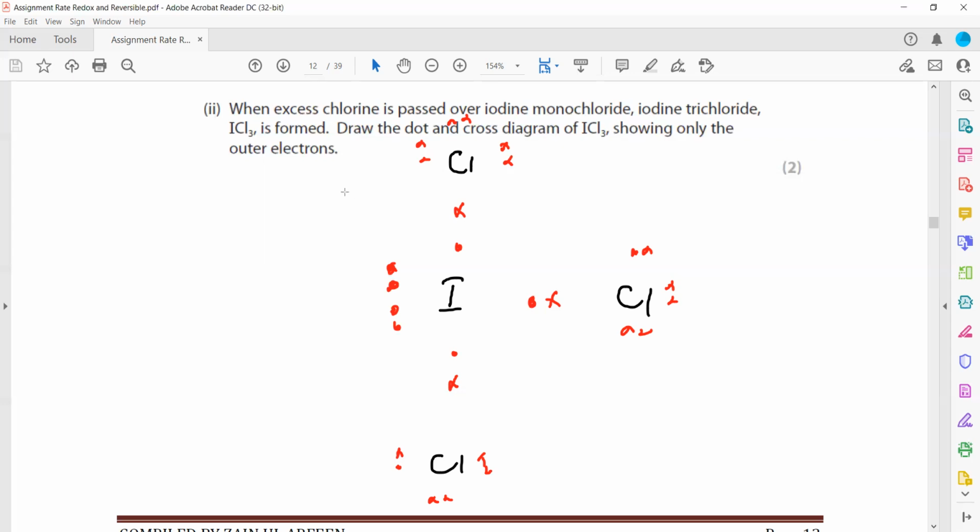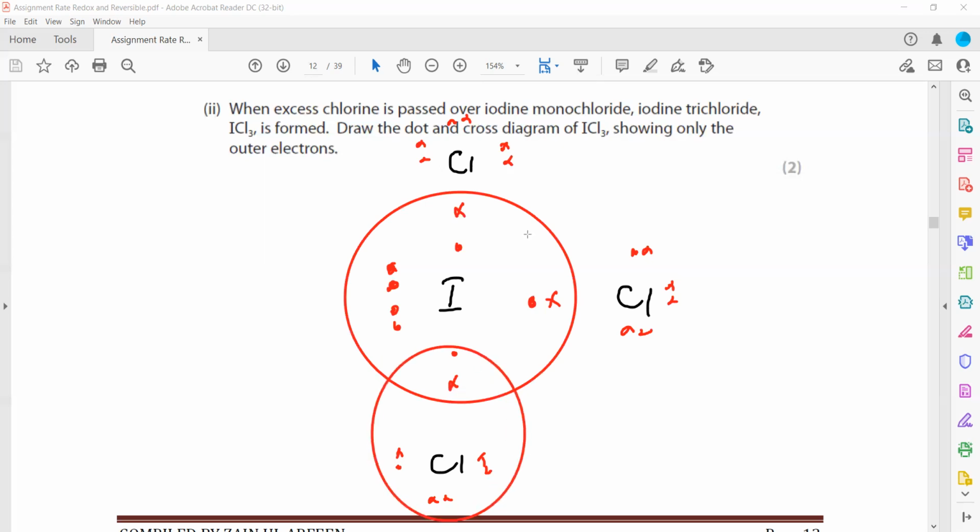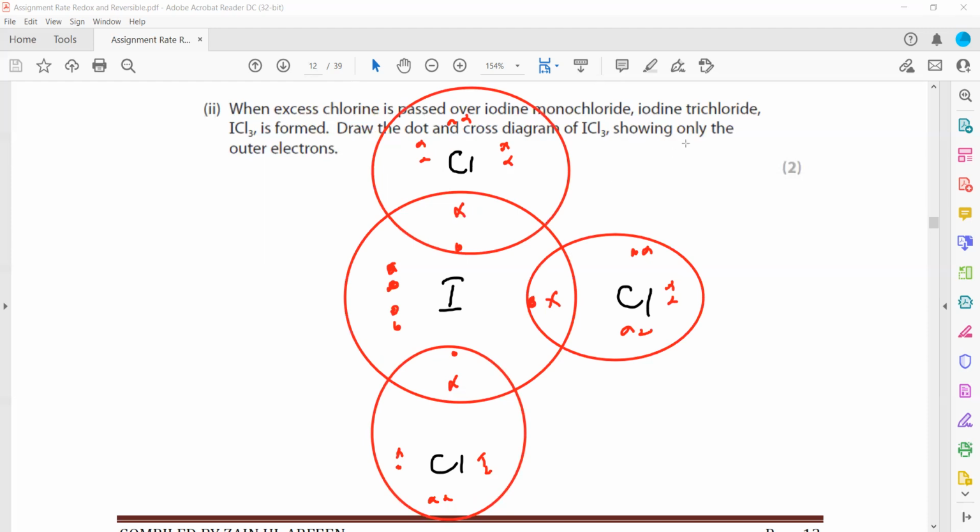So elements can adjust more than 8 electrons, as above 20. It's not a fixed rule that there should be 8. It can have more than 8 electrons. Is it clear? That's why in this case, we count 10 electrons in the outermost shell instead of only 8. That octet rule you will follow for the first 20 elements.